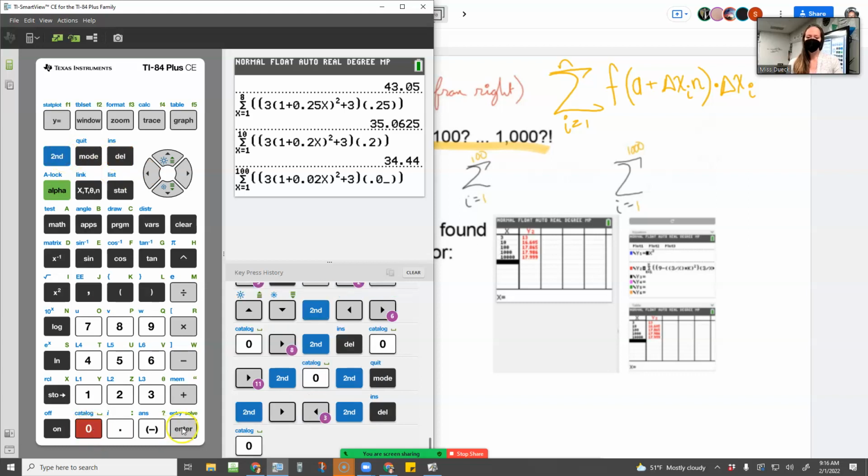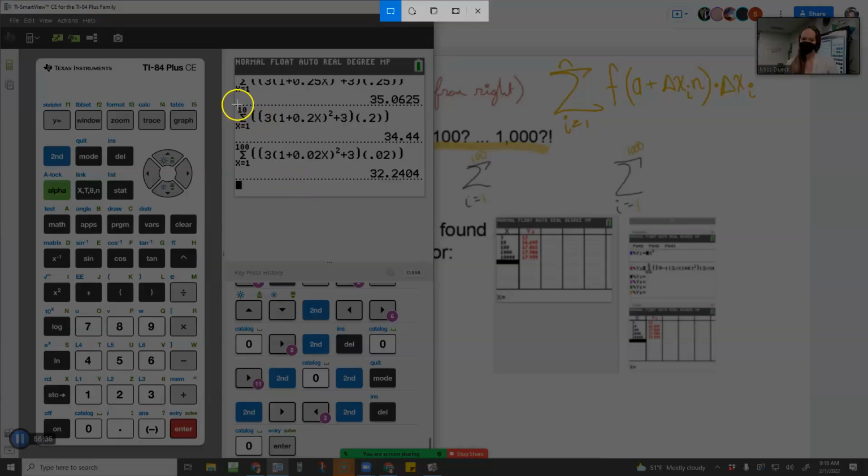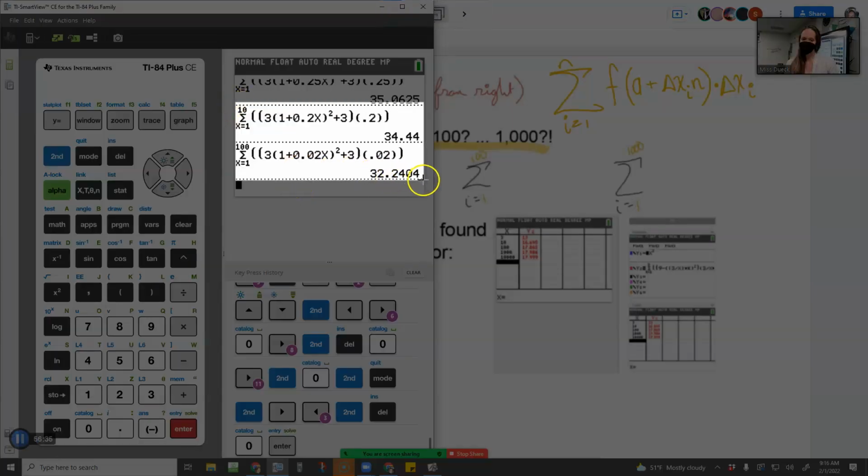Do you see anything interesting happening with these numbers? I had 35.0625. I had 34.44. I'm going to grab pictures of these real fast before my next entry. Are they getting bigger and bigger and bigger?